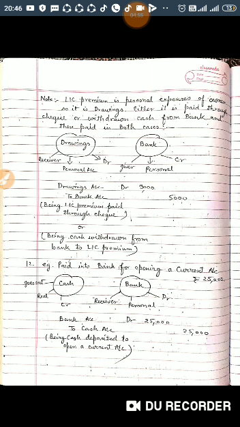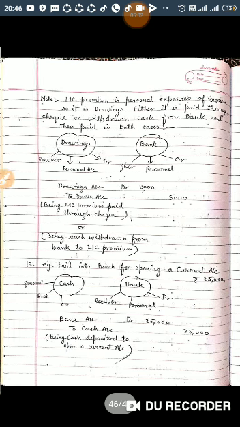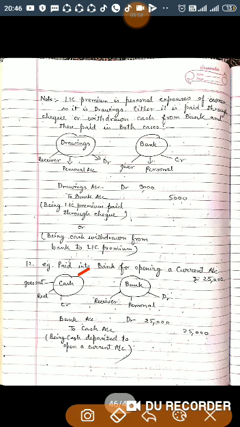Business houses generally open a current account. Two accounts are involved, cash and bank. Cash is going out, so it should be credited, and bank is the receiver, so it should be debited. The journal entry will be bank account debited to cash account, being cash deposited into the bank.